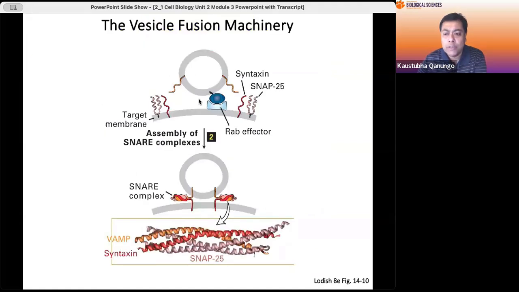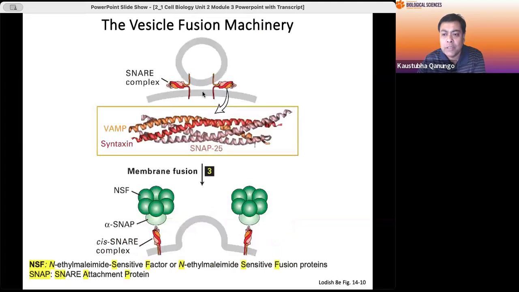Now what you are seeing is that syntaxin and SNAP-25 are going to coil together and bring this vesicle down, and they will essentially fuse. In that process, both of these molecules wrap up like this.